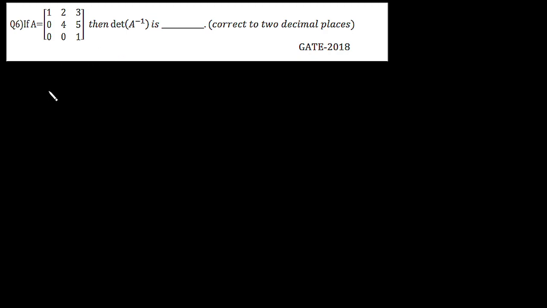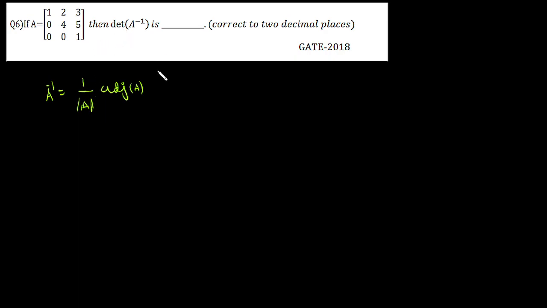One may find the inverse first, using the formula of the inverse matrix, which looks like this: multiply by the adjoint of matrix A, divided by the determinant of A. This vertical line notation denotes the determinant of the matrix, not a mod sign, because A is not a scalar, it is a matrix. But here they are asking about the determinant.